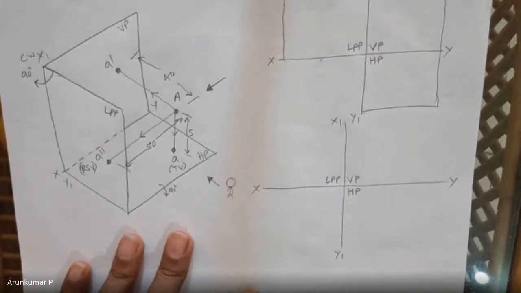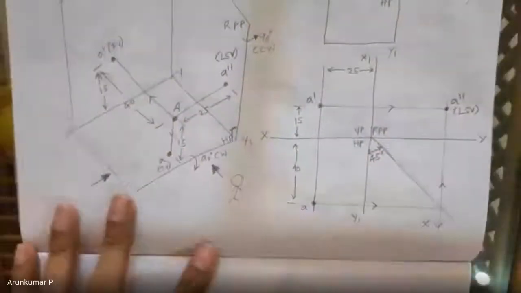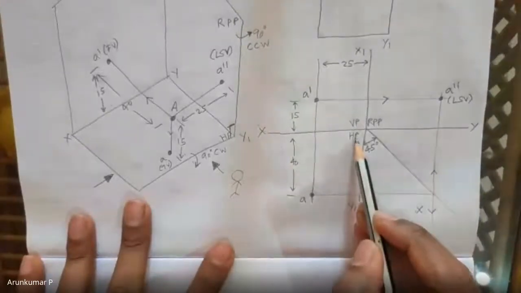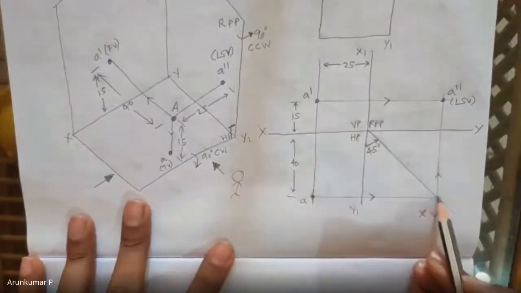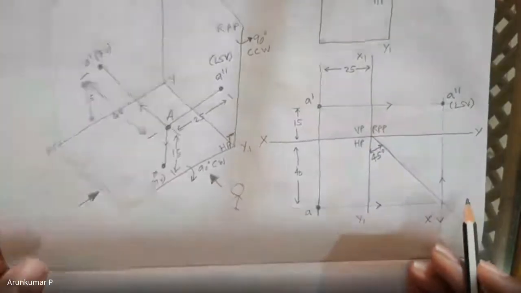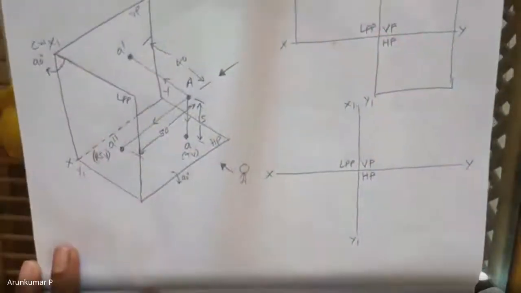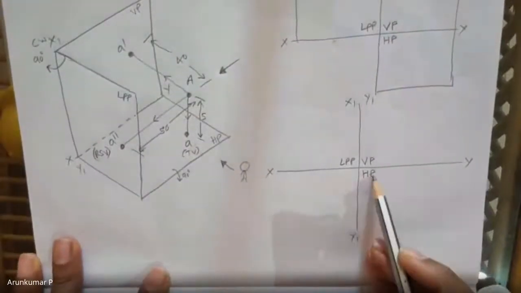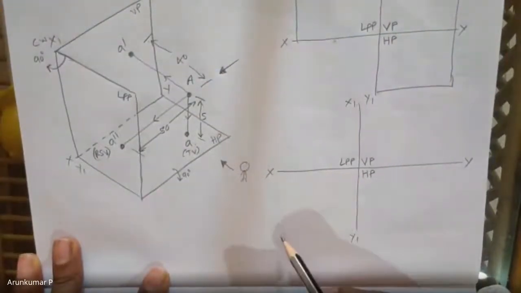Okay. Now, where is the median line going to come? In the previous case, if you remember, the median line was beside HP here. In this case also, the median line would be beside HP on the left side.